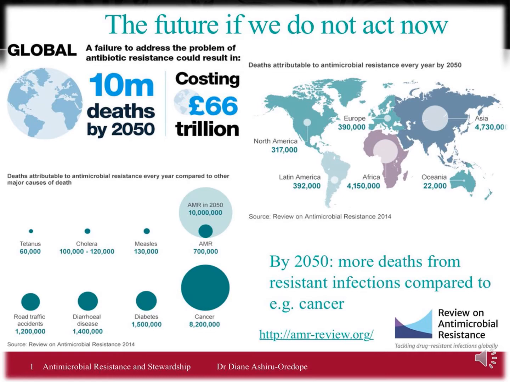If you see this map, you see that different experts, world experts, say that by 2050 we will have 10 million deaths associated with antibiotic resistance. And you see that this problem has a different dissemination for different world regions.